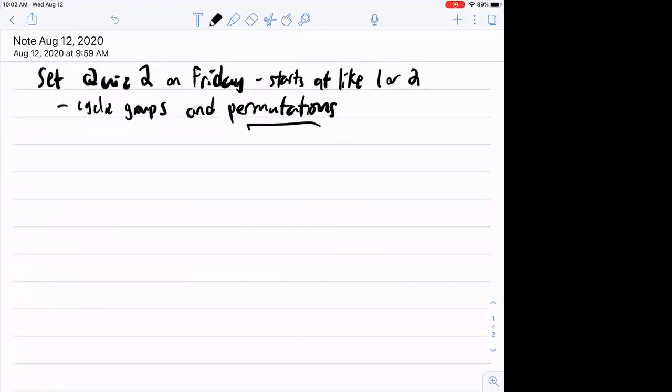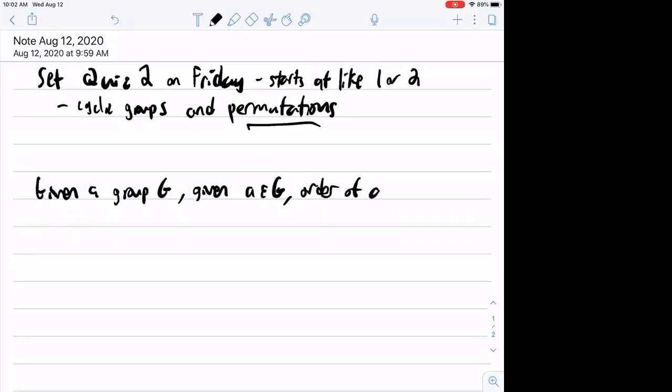So let's go back to cyclic groups because I didn't really define something important. Sort of skipped it. So given a group G, and given an element a in G, the order of a is the smallest positive integer n such that a to the n is the identity.